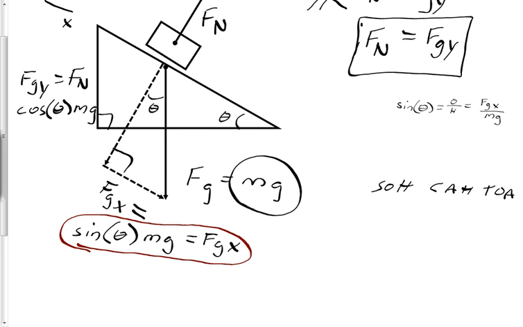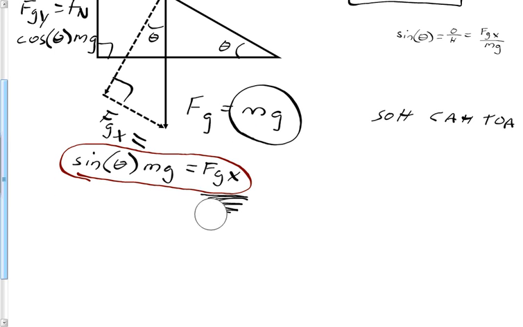All right, so remember that from here I had said that if there is no force of friction, the force in the x direction would be all of the force along the plane, therefore the force accelerating it. Because what I can do is say that the sum of forces in the x direction, I did the y direction before, now I'm doing the x direction, the net force in the x direction is going to be equal to the force of gravity in the x direction minus any force of friction.